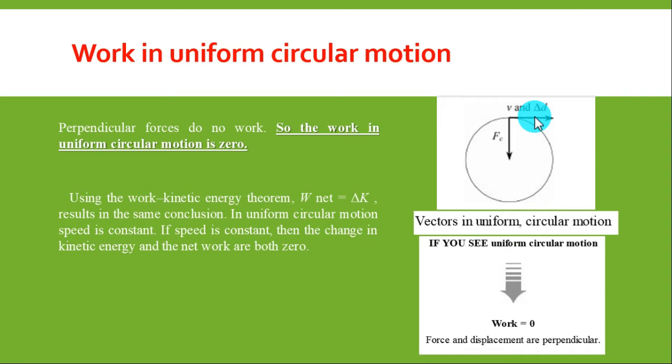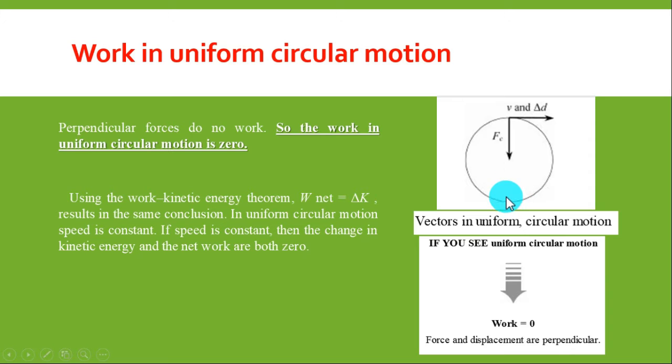To understand it more and more, let's use the work kinetic energy theorem. You remember it? Work net equals a change in kinetic energy. It equals kinetic energy final minus kinetic energy initial: half m v final squared minus half m v initial squared. V final is what? Let's say here it's 2 meters per second.